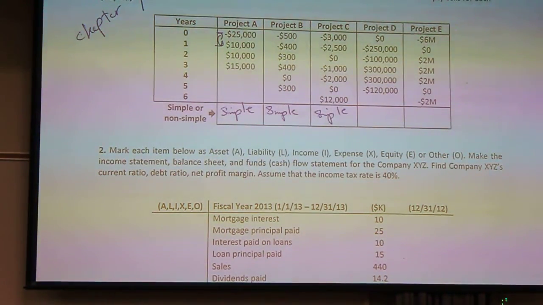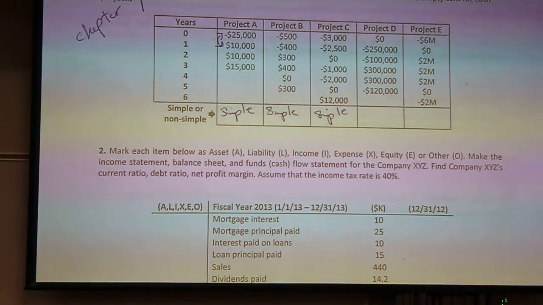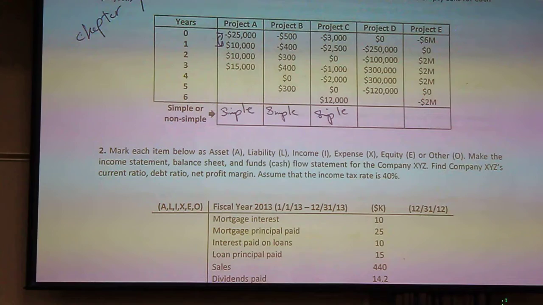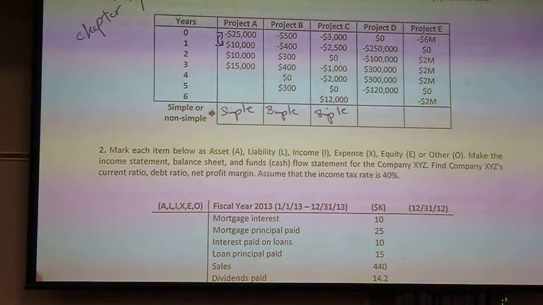Why? 0 doesn't count as a sign change. That was a good question. So negative 2,500 to 0 and negative 1,000. It's like negative 2,500 to negative 1,000. There is no 0, so there is no sign change. We have just one sign change from negative 2,000 to $12,000 at the end of year 6.